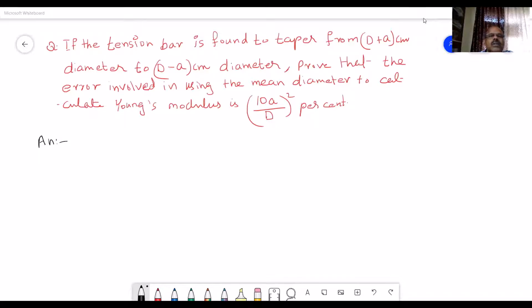Let us write down the given details first, as well as the details required for the calculation. The bigger diameter of the rod, otherwise bar, is given.